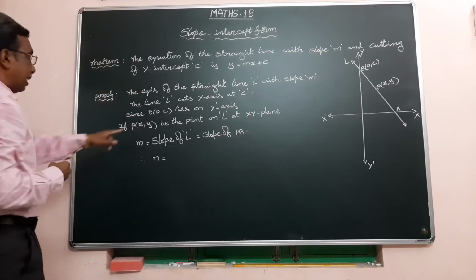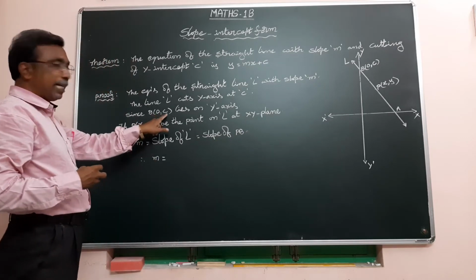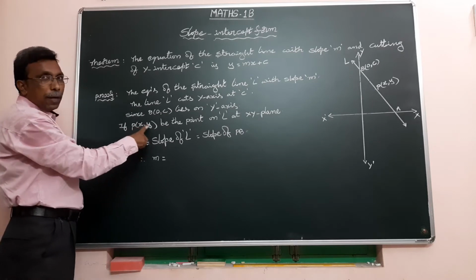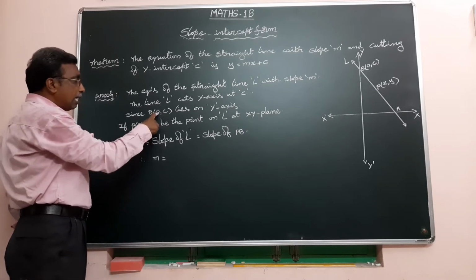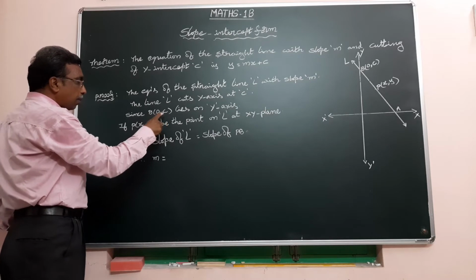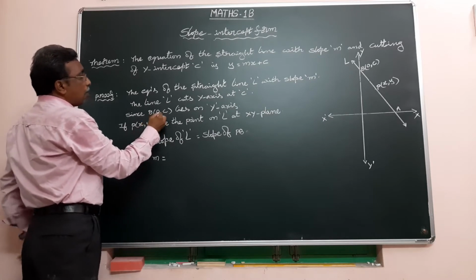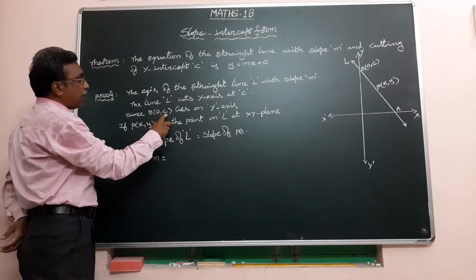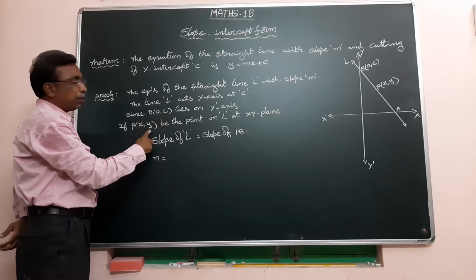P point is x y, B point is 0 comma c. Now we consider this point P as x1, y1 and this point B as x2, y2.